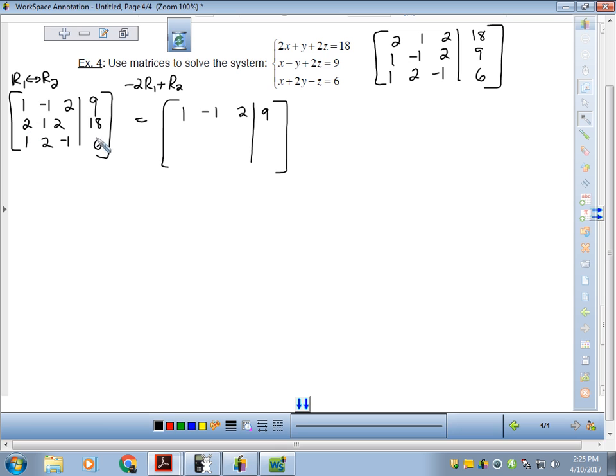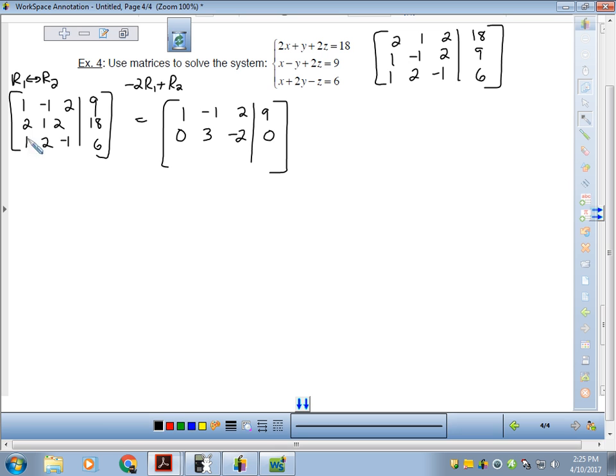Negative 2 plus 2 is 0. Negative 2 times negative 1 is positive 2. 2 plus 1 is 3. Negative 2 times 2 is negative 4. Negative 4 plus 2 is negative 2. Negative 2 times 9 is negative 18. Negative 18 plus 18 is 0.